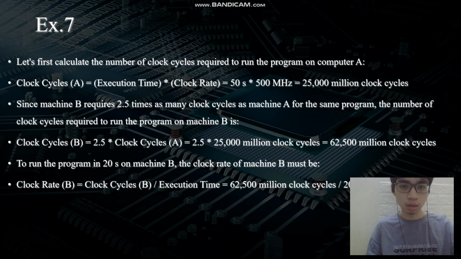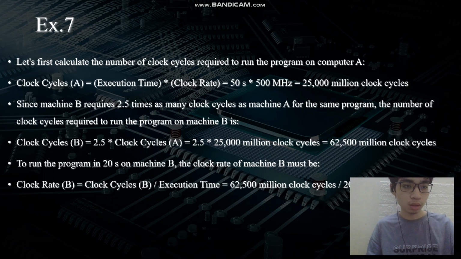First, I calculate the CPU clock cycles of computer A using the given information: CPU time multiplied by clock rate equals 50 seconds multiplied by 500 times 10 to the power of 6 cycles per second, which equals 2.5 times 10 to the power of 10 clock cycles.